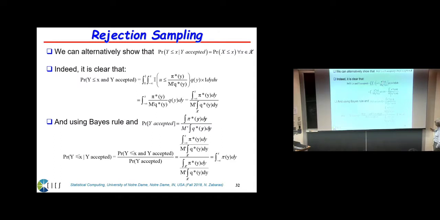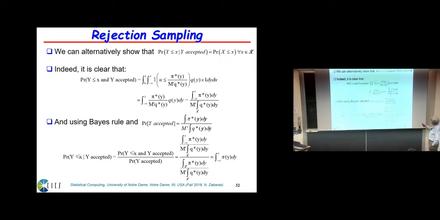If u is less than that, I accept, right? What type of variable is u? Uniform. There is the probability of the uniform random variable, okay? So basically, what this says, y accepted is this, okay? And y less or equal to x means integration from minus infinity to x. And the distribution for y is q of y, and for u is 1. And then I integrate dy du.